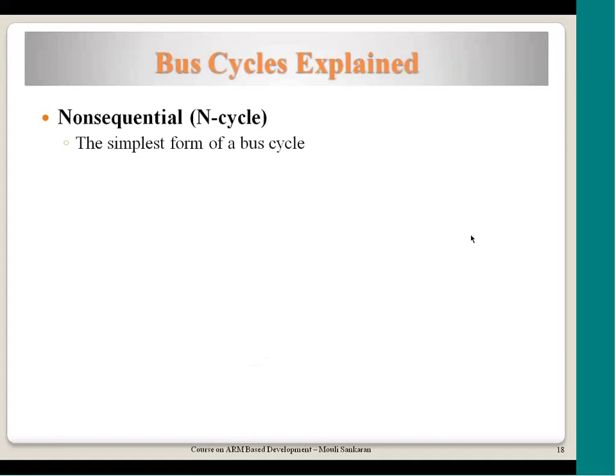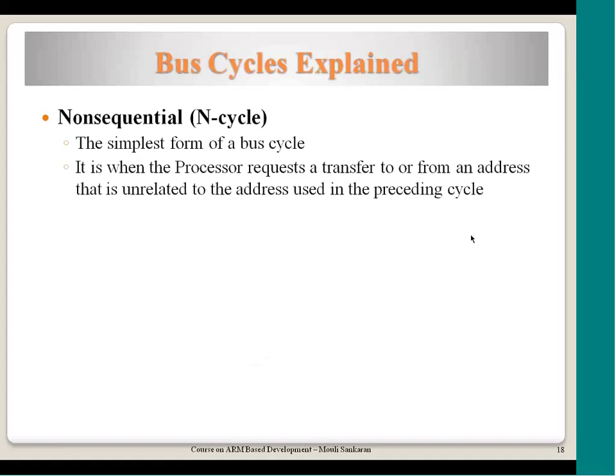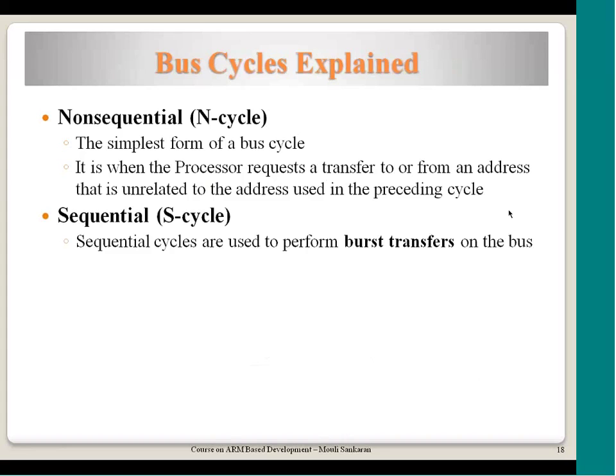Non-sequential is the simplest form because there is no relationship between multiple addresses coming out of the processor. And sequential is a burst mode. As I told you, first address is given and then it says that I am starting a sequential cycle. That means it is going to access the memory starting from this address to subsequent addresses.